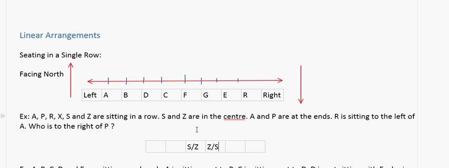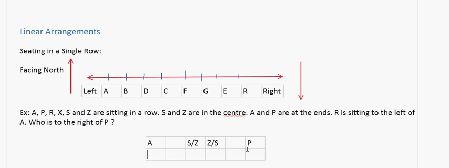When S and Z are center, S can be at third position or S can be at fourth position. Similarly, Z can be at third or fourth. So there are two cases till now. Then it says A and P are at the ends. So there can be a case where A is here and P is here, or there can be a case where P is here and A is here.